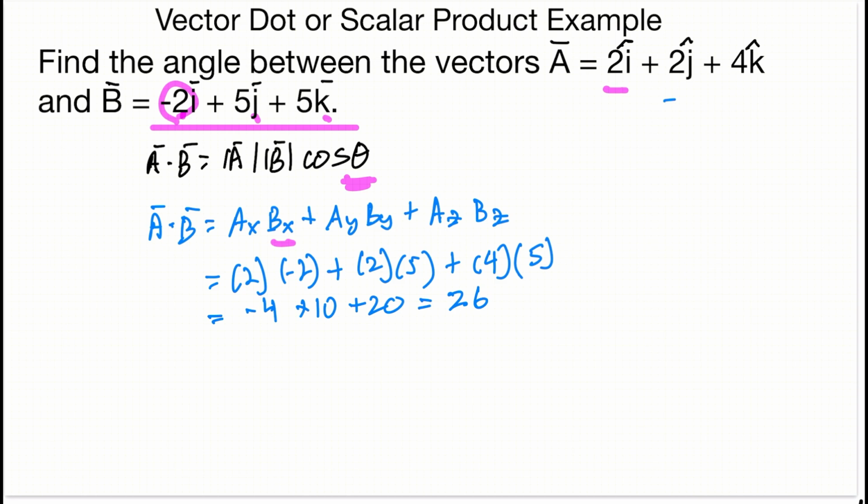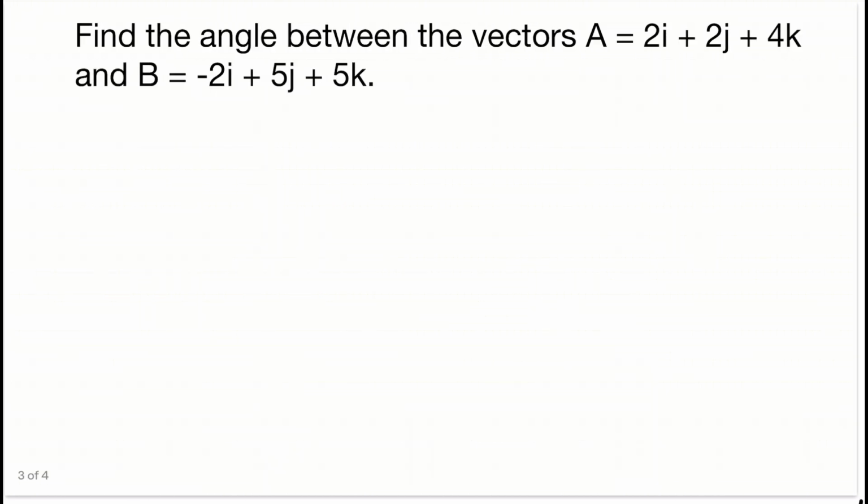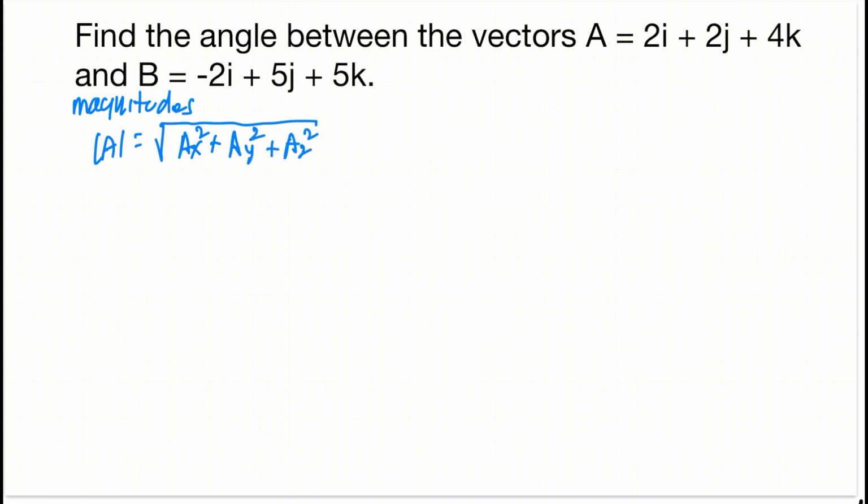Now that gives us one bit of information that we need. We now know that number. Ultimately we have to find next the length of A and the length of B. So let's calculate the magnitudes now. The length of A is the square root of AX squared plus AY squared plus AZ squared.